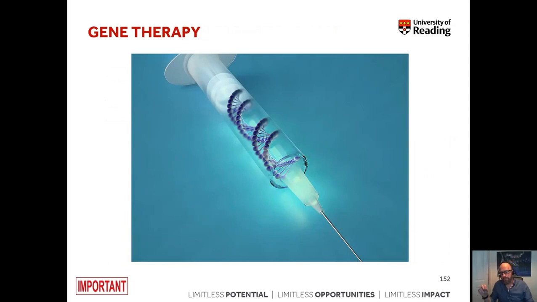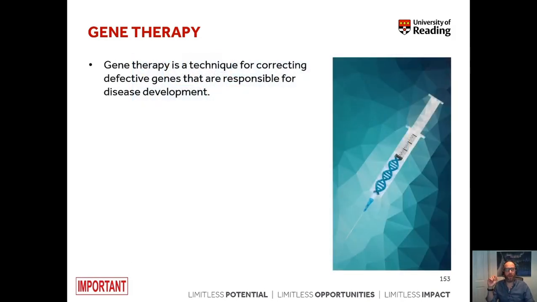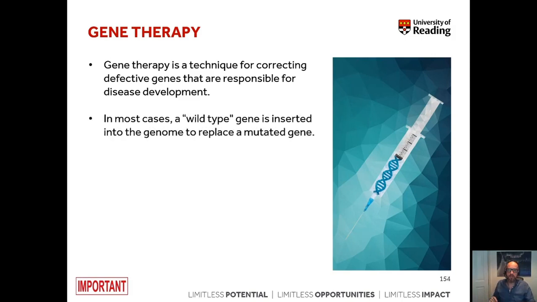Fortunately, in the last 2 decades, gene therapy has made incredible progress, and nowadays certain therapies become available even for the carriers of those mutations causing gene disorders. Gene therapy is a technique for correcting defective genes that are responsible for development of those symptoms.